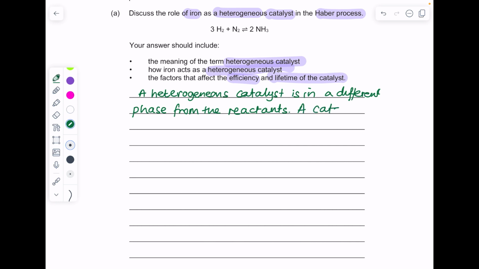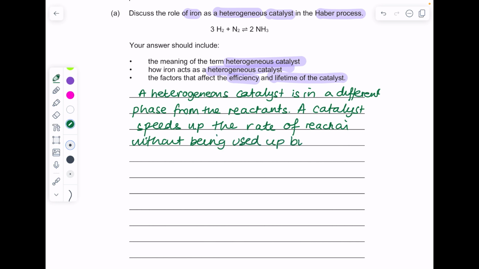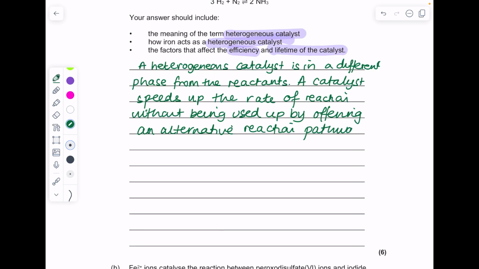A catalyst speeds up the rate of reaction without being used up, by offering an alternative reaction pathway with lower activation energy.